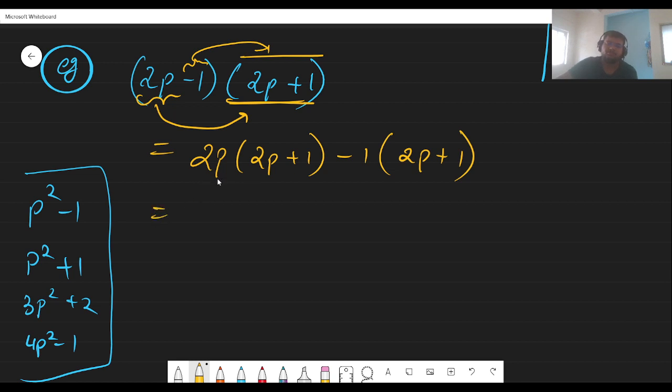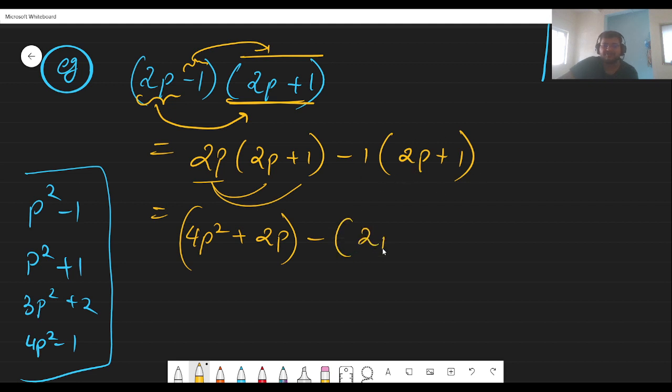Then again with the distributive law, I multiply 2p with 2p and 2p with 1. It will give me 4p square plus 2p. This is the first bracket when it is opened.